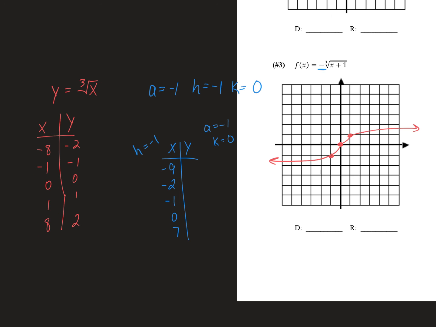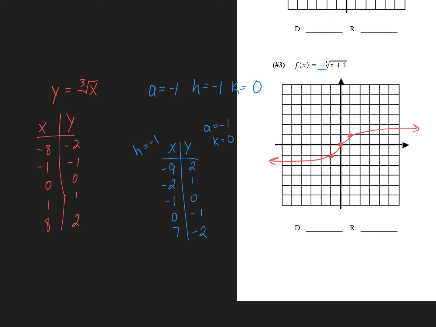Then for my Y, I'm going to multiply each of these values by A and then add K. Since K is 0, I'm really just multiplying everything by negative 1, so I'm just flipping the signs of everything. So it'll be 2, 1, 0, negative 1, and negative 2.